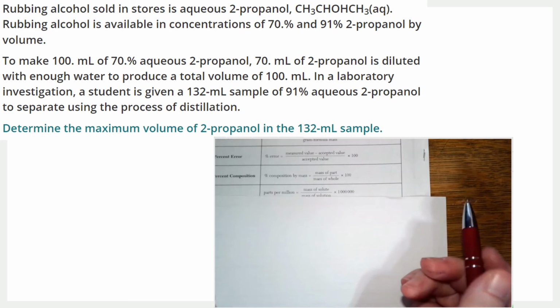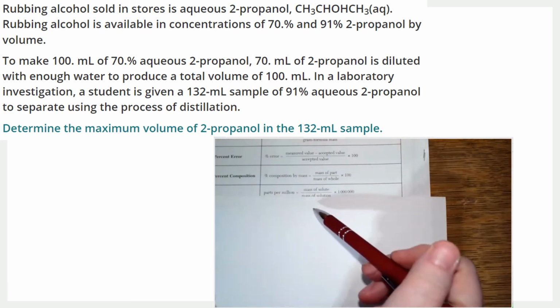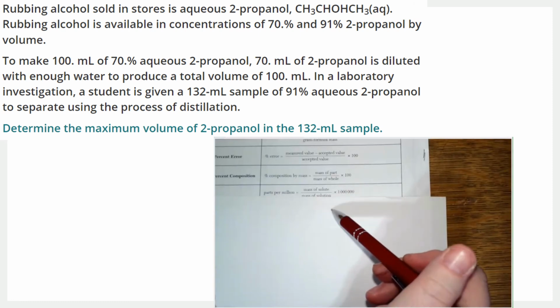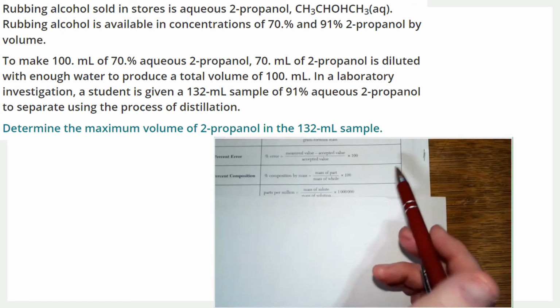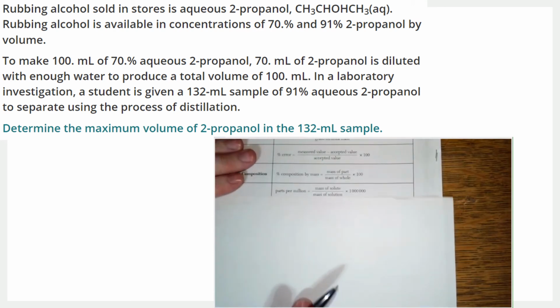Okay, this is a whole lot to process. Our question says determine the maximum volume of 2-propanol in the 132 milliliter sample. So let's try and see what information I have.